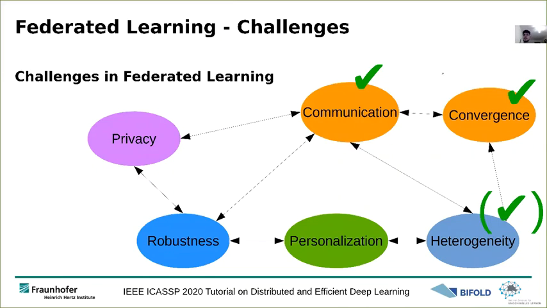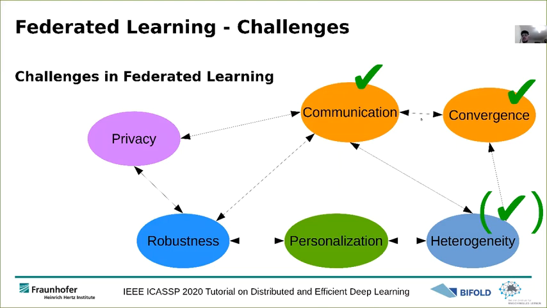So I've already told you a lot about communication in federated learning and how it is one of the most pressing issues that need to be solved to make federated learning widely available.